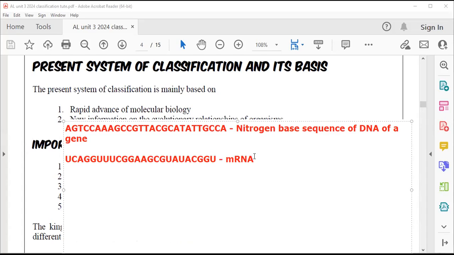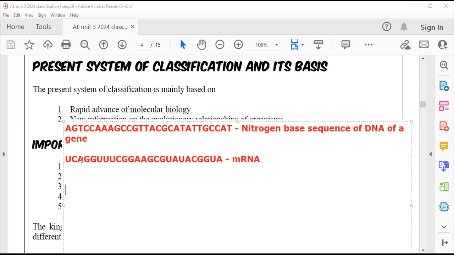So here I will include one more letter. I will just include a T here, that will become A here. Now, according to the mRNA sequence, amino acids are going to be connected.